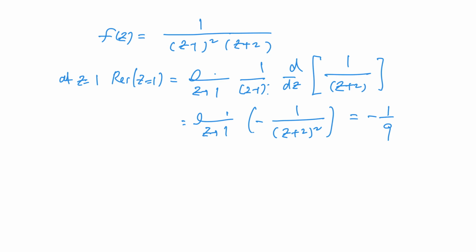By calculating the residue, the residue at the pole equal to 1 is minus 1 over 9, which we just obtained. Let's try to do it the other way, assuming that you don't know how to differentiate. Still you can do that.